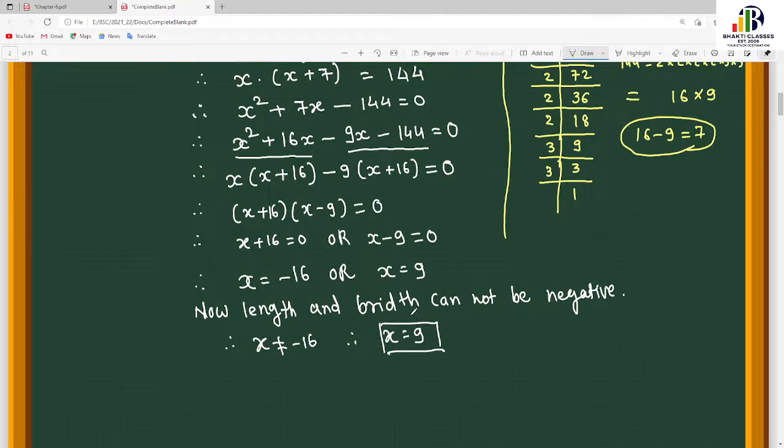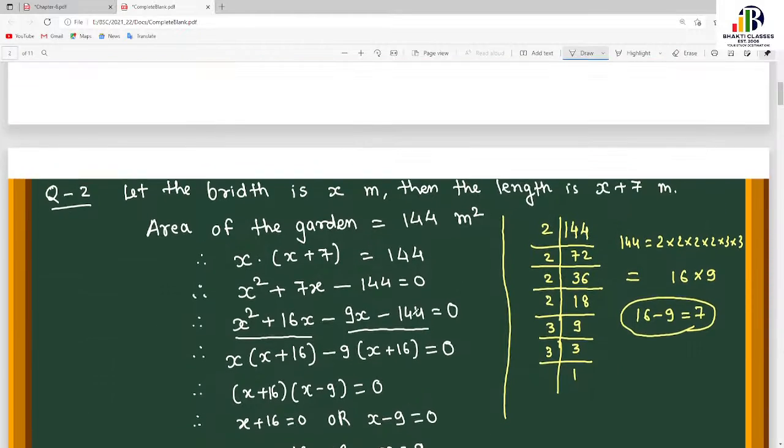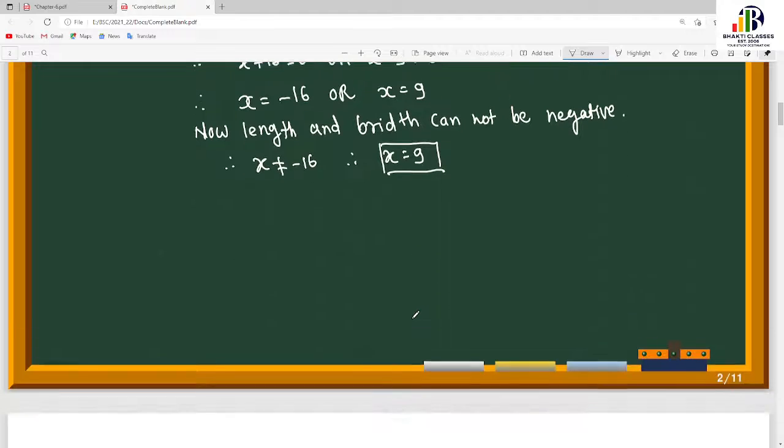Therefore x is equal to 9 only is the solution. So we have taken x as breadth and x plus 7 as length.